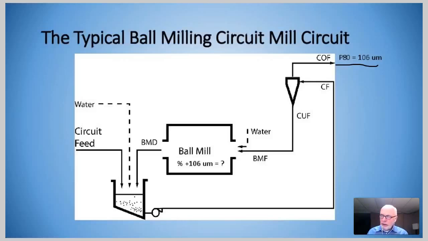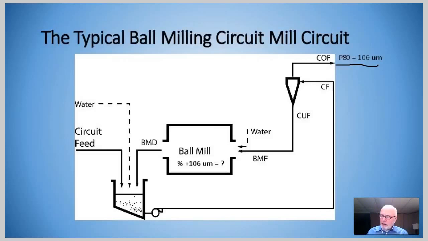So a great way to express the efficiency of the total power usage of the mill is to ask what percentage of the mill power is being expended on coarse material, that is, material larger than the P80 size.